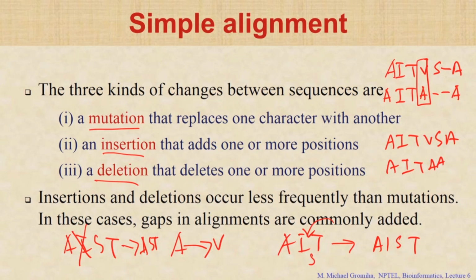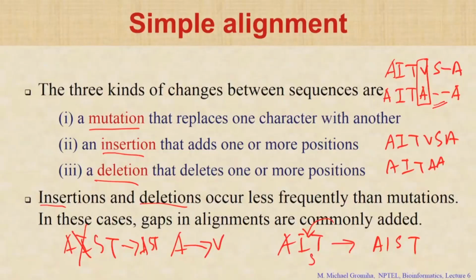If you look into these sequences, insertions and deletions occur less frequently than mutations. If you see different sets of sequences from the same organisms, you frequently see mutations, changing one amino acid by another amino acid, right. There is less possibility of insertions and deletions, but we can represent them by gaps, right. But this is not frequent, so this will influence with a high penalty when you make a sequence alignment.